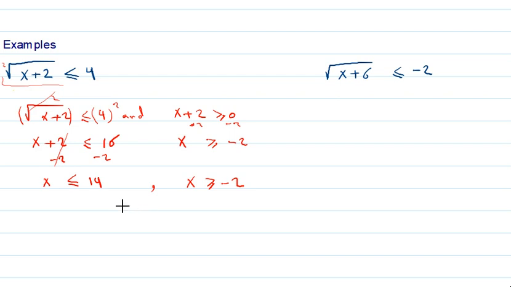So the solution is x less than or equal to 14 and x greater than or equal to minus 2. We can express it as an interval, minus 2 to 14, or with inequality signs, x less than or equal to 14 and greater than or equal to minus 2. This is the solution.